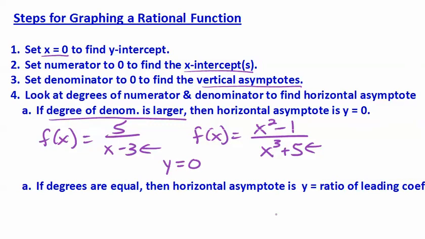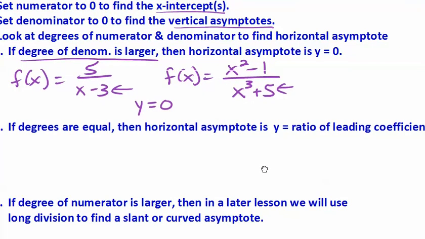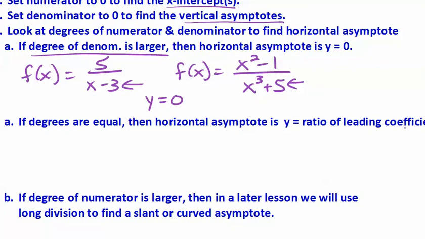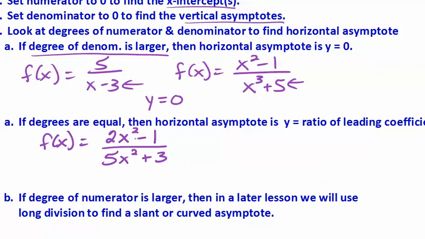What if the degrees are equal? Well, then we're going to use the ratio of the leading coefficients. So let me show you a quick example. We did one in class that was like this. What if the numerator is growing at the same power as the denominator? Well, if these are both x squareds, as x gets larger, they grow at about the same rate.